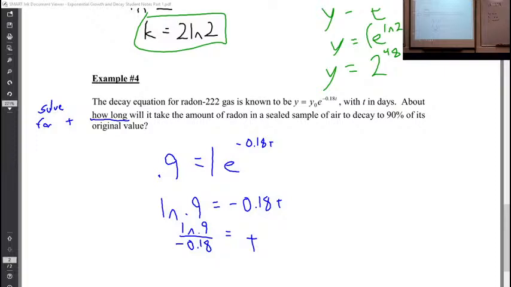You would change the base. You would do log of 0.9 over log of e. It would look pretty similar to your z-score table, those of you who took stats and t-scores. It's that same idea. No, Olivia. All right, anyway.